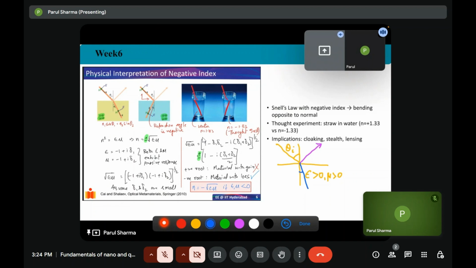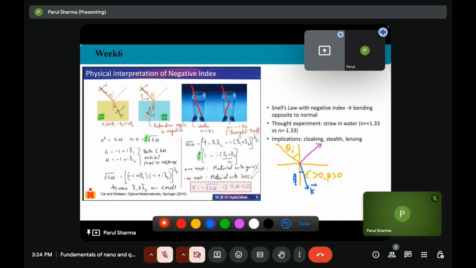So this is theta t, and this is your k direction. Okay. So from Snell's law, we can say that.